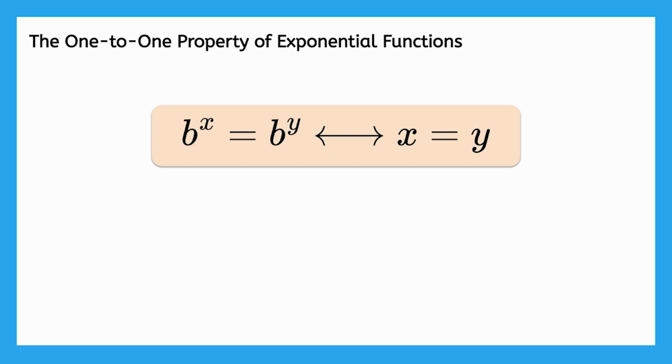We just applied this property with the equation 2 to the x equals 2 to the fifth. Thanks to this property, we can automatically conclude x equals 5. In other words, this property assures us that if two powers of the same base are equal, their exponents must be equal as well.